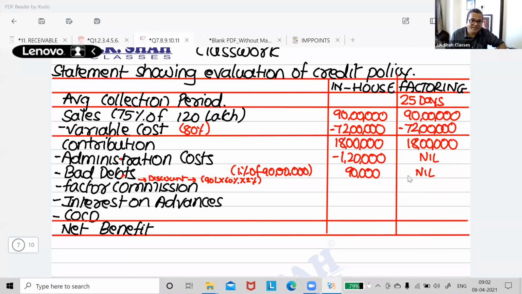Hurry, my dear. Read the question. Credit terms are 2 by 10 net 30. What does it mean? Where is it written that it's a cash discount? What is the meaning of 2 by 10 net 30, Shridhi? 2% if they pay within 10 days.